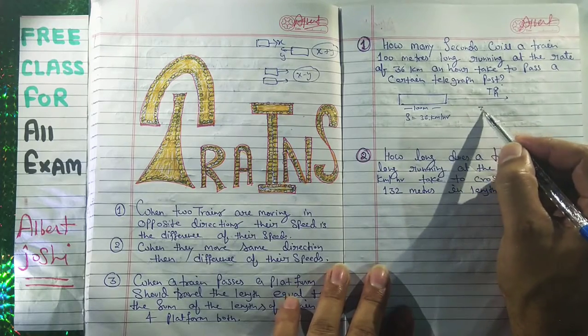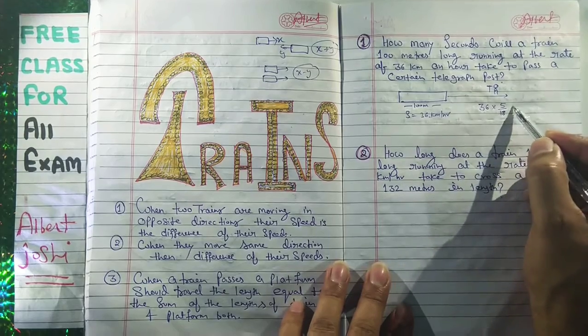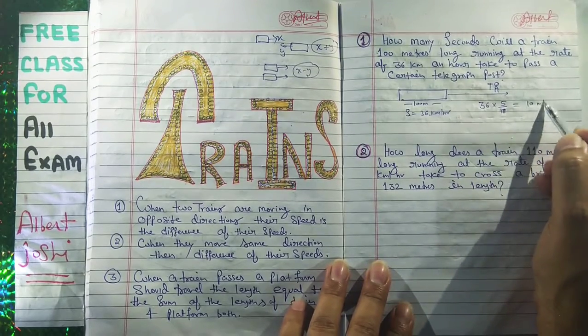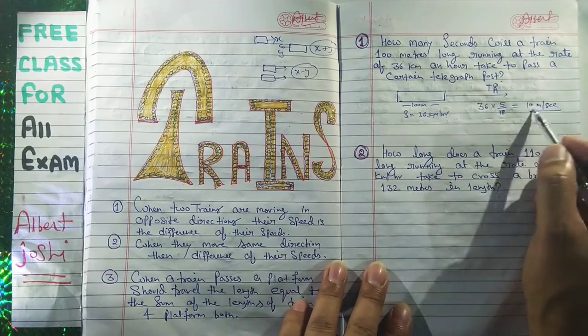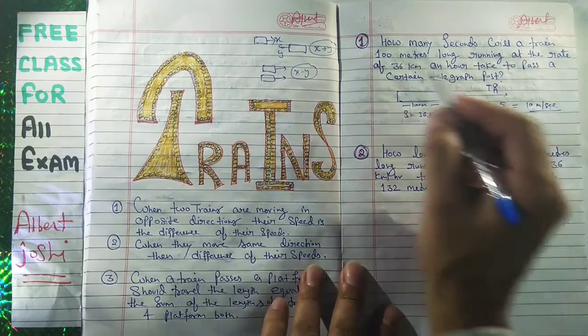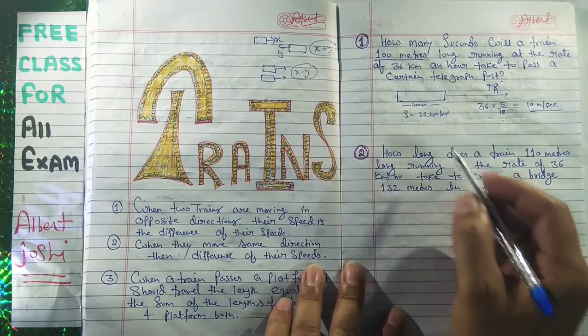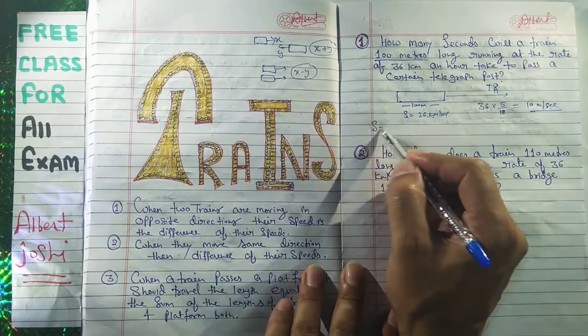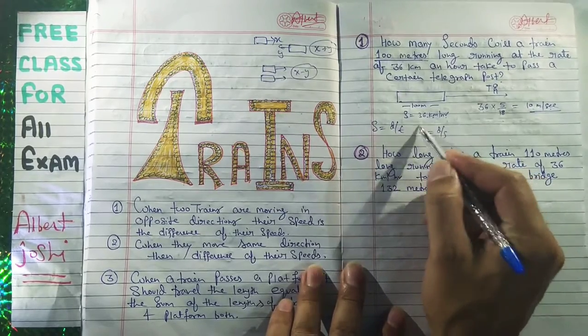At first you will multiply this 36 by 5 upon 18, then you will get 10 meter per second. So we have changed kilometer per hour to meter per second because he has given us meter. Okay, so now you know that speed is equal to distance upon time, so time is equal to distance upon speed.